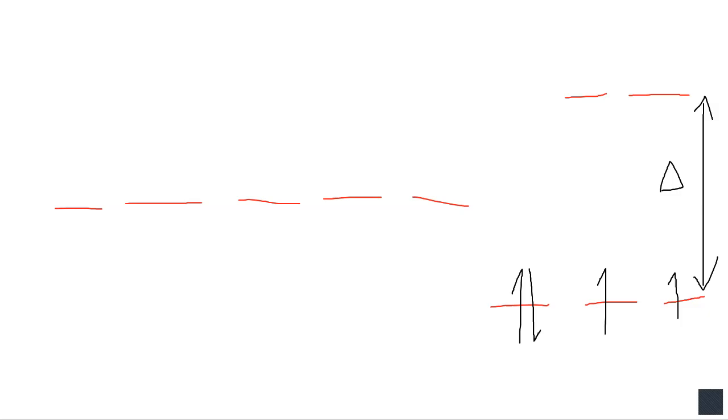This is pair, so this is electron pair. This is the energy for electron pairing energy. So if the splitting energy is higher than electron pair, the electrons tend to form pairing in the orbital. We call it low spin.